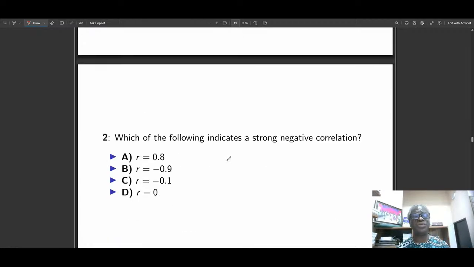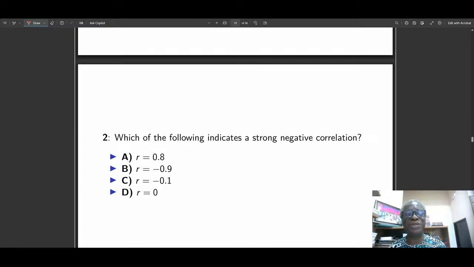Question 2. Which of the following indicates a strong negative correlation? Nobody has responded yet. Question 2.